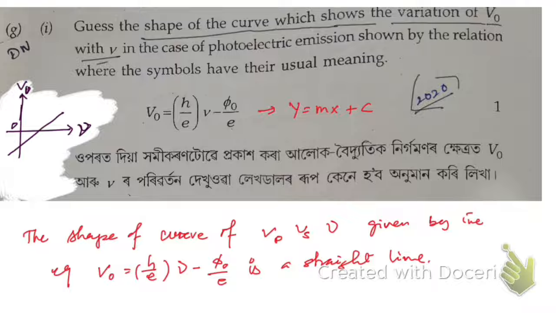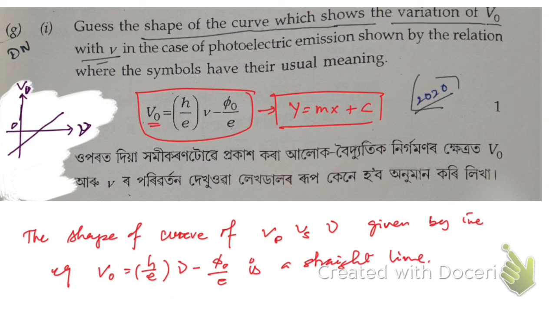Because if you compare this equation with y is equal to mx plus c, here y is nothing but v naught and x is nothing but nu, and c is this minus phi naught by e. So this line will cut the y-axis, that means v naught, below the origin, because here we have minus sign.